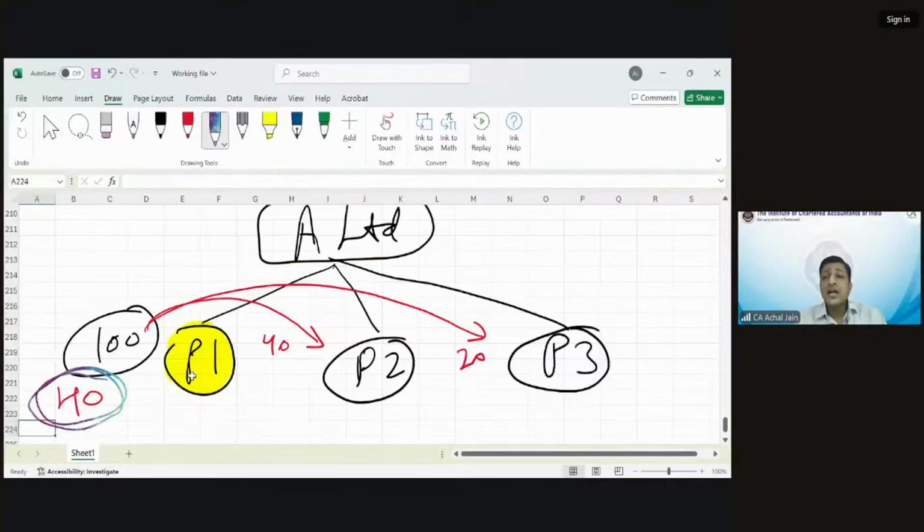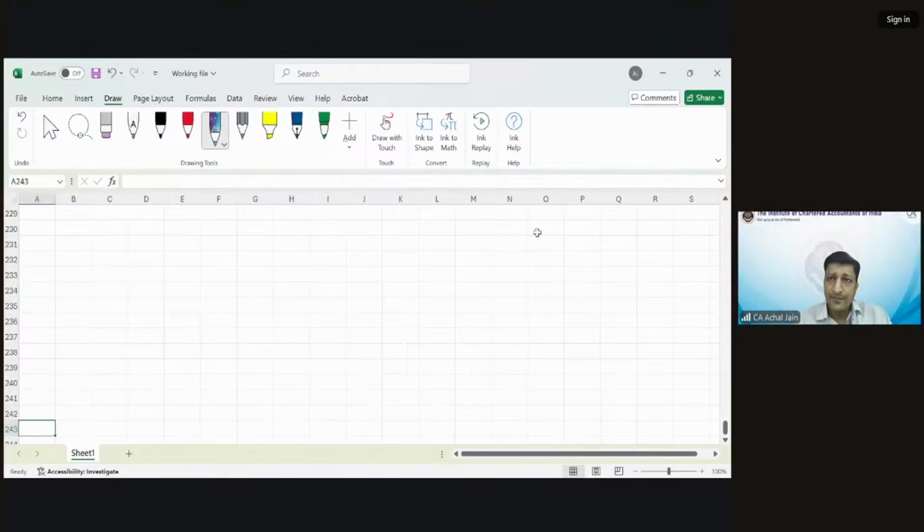The next one is the residual category as well. There are 4 types of employee benefits that we have. Short term we discussed, post employment we discussed, termination we discussed. Now, what is the 4th one? Other long term employee benefits. Now, what is this other?